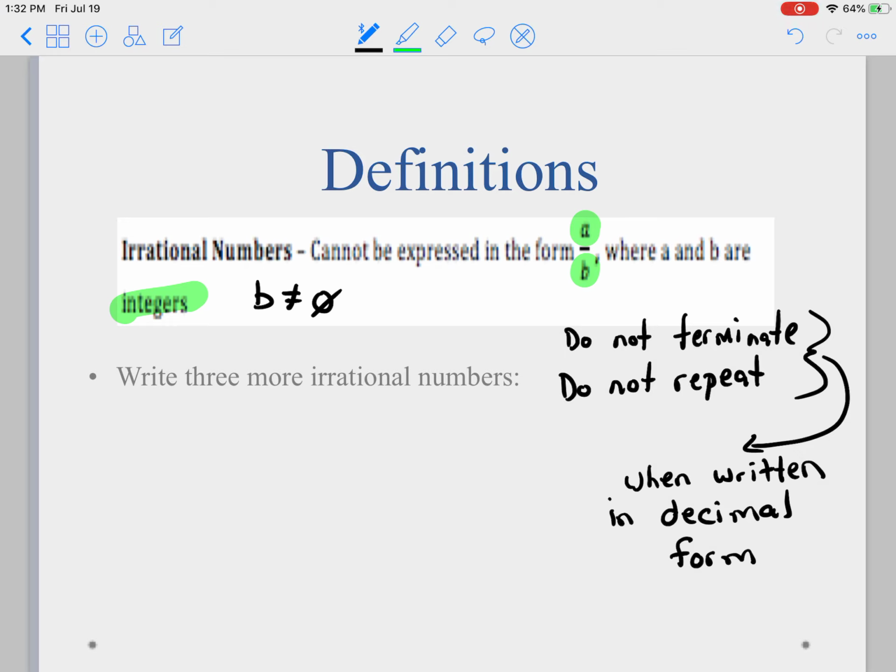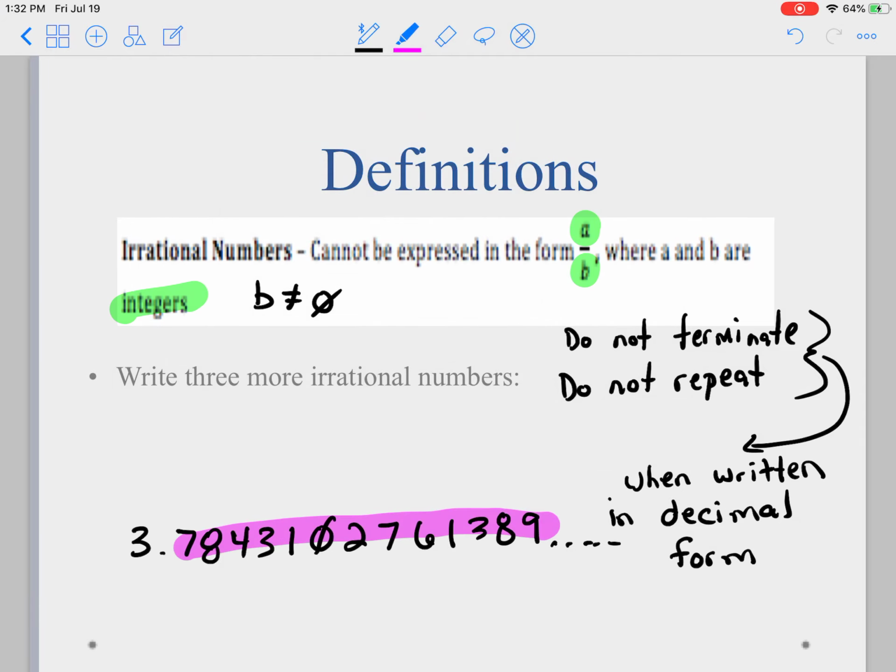What it looks like is nonsense, pretty much, because you have a series of numbers that just 7, 8, 4, 3, 1, 0, 2, 7, 6, 1, 3, 8, 9, and on and on and on forever. And if you look at this decimal, notice that there is no perceivable repetition. Can't make a pattern necessarily to see that it repeats over and over forever.